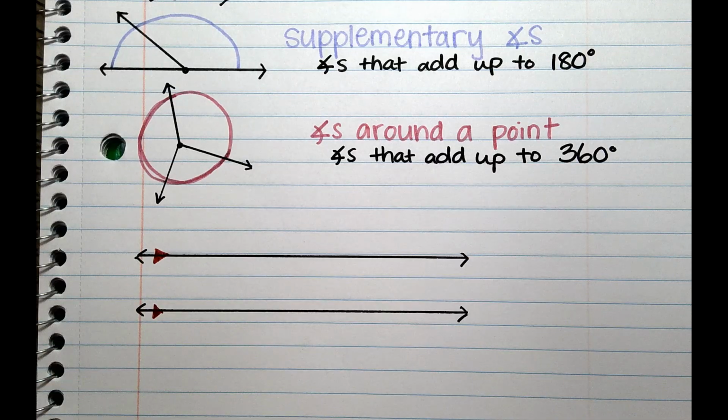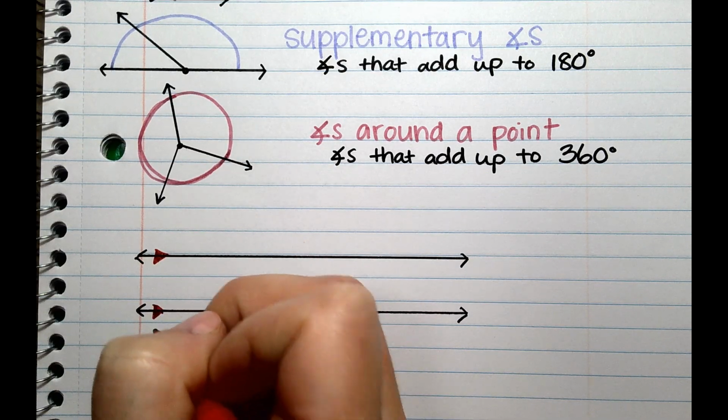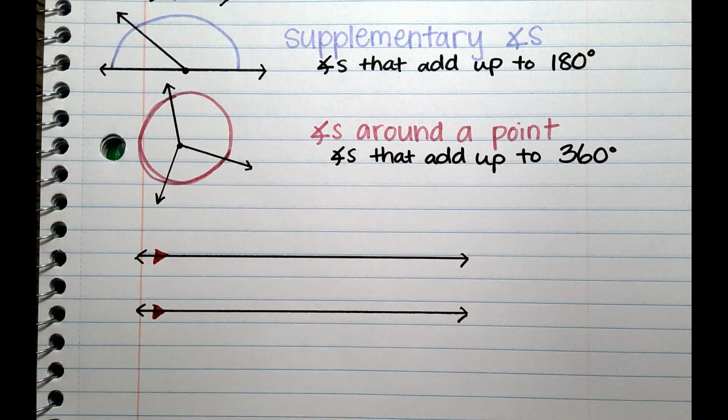Does anybody know what those little triangles are put there for? What does this mean? Is that kind of like the square box? Very similar. It's a label that tells us something about how the lines are related.